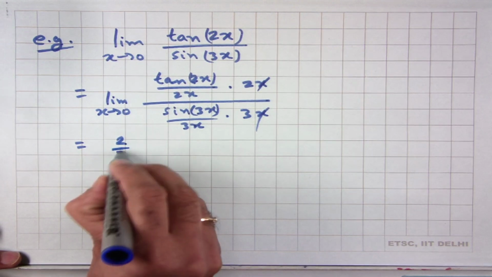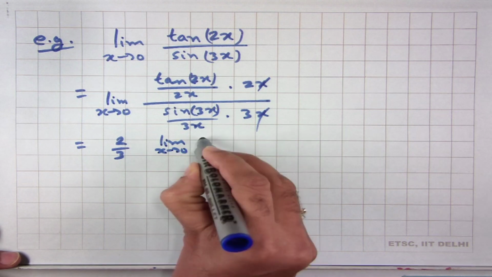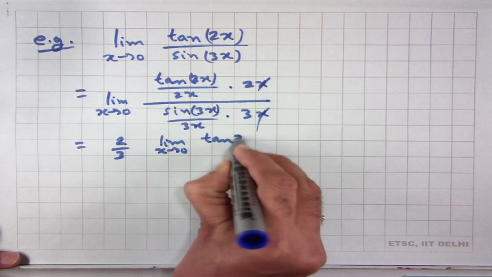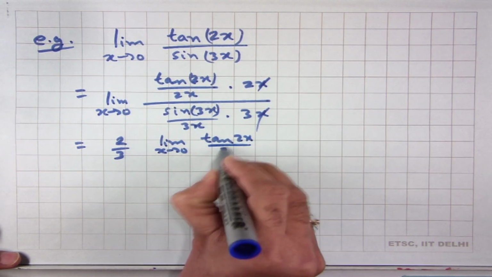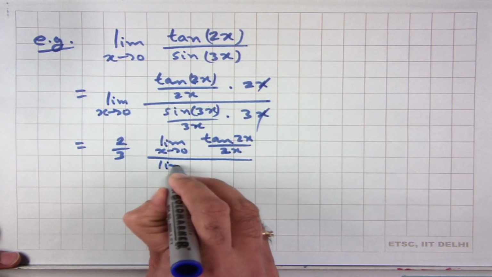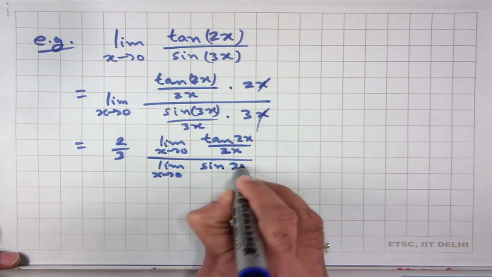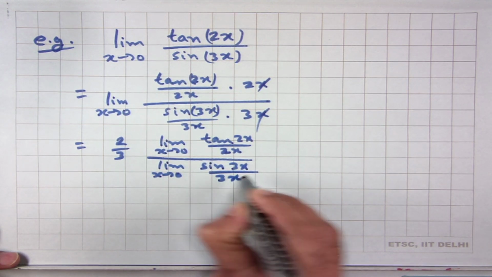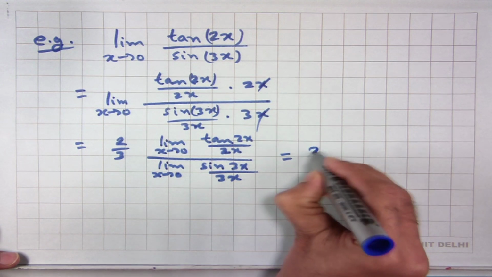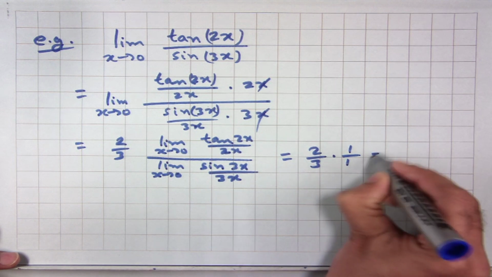So, this is equal to 2/3 times the limit as x goes to 0 of tan 2x divided by 2x, divided by the limit of sin 3x divided by 3x. We have seen that both the limits are 1. So, this is equal to 2/3.